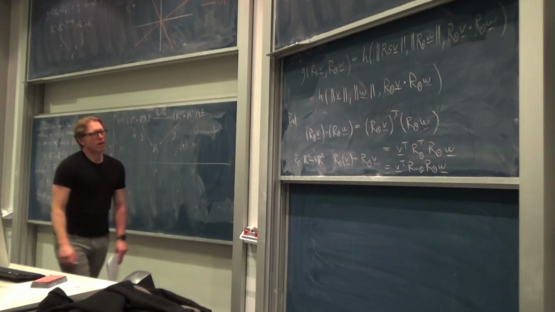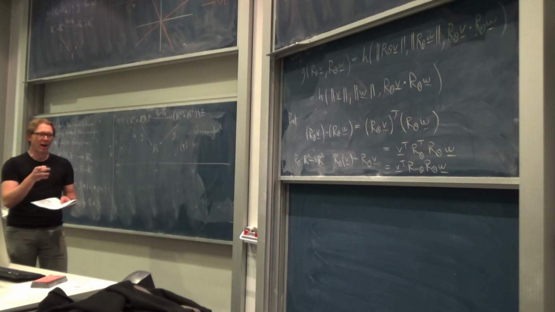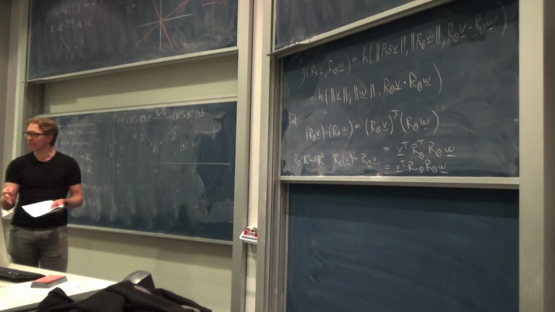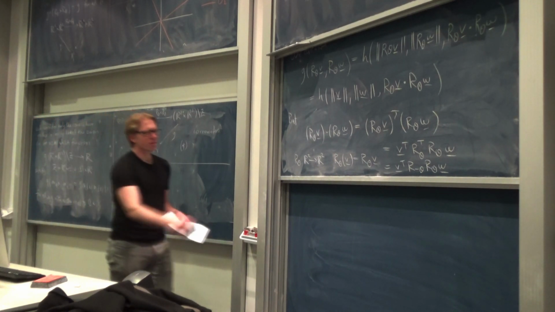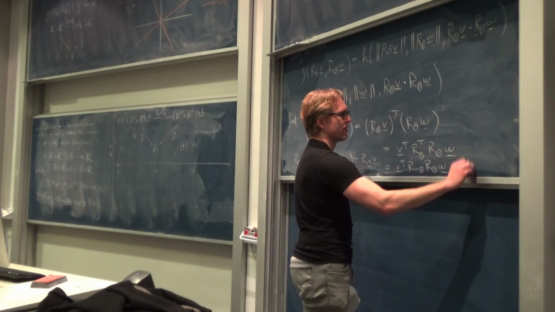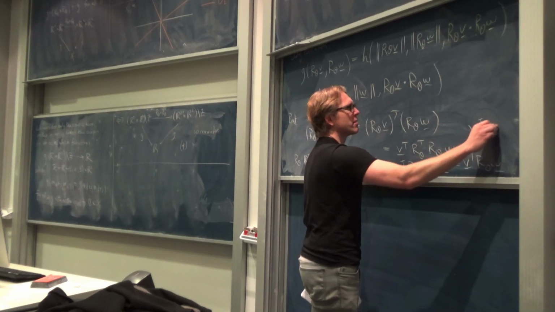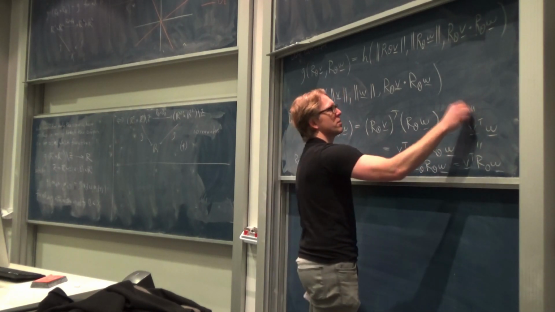Okay. And we know that the sum of angles formula says R psi times R theta is R psi plus theta. The angles are in the subscript there. So this is R of theta plus minus theta. So that's just R0, which is, of course, the identity matrix. So that is just V dot W.